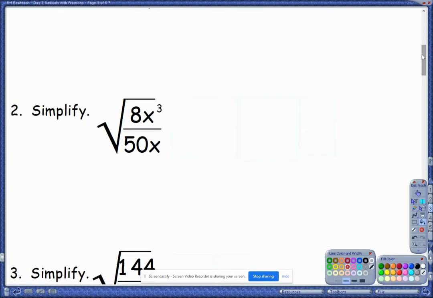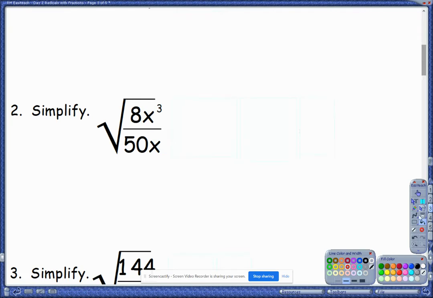This one is slightly more tricky because neither 8 nor 50 are perfect squares. So what we're going to do is first simplify the numerator and the denominator. In other words, we're going to simplify the fraction inside the radical.